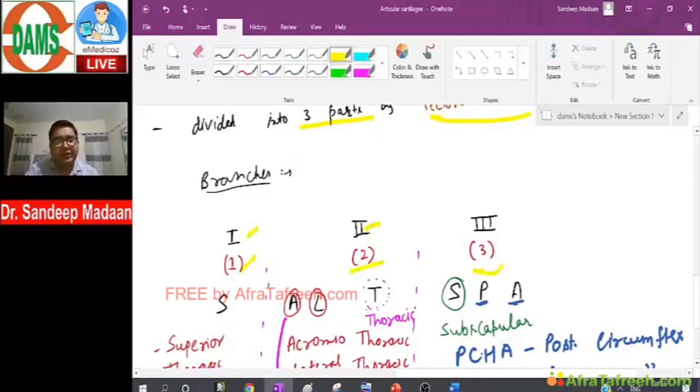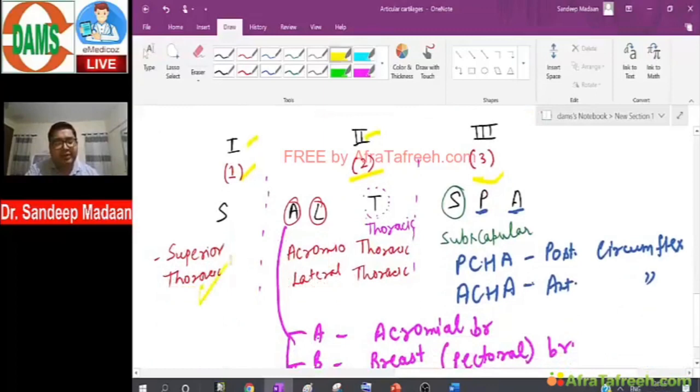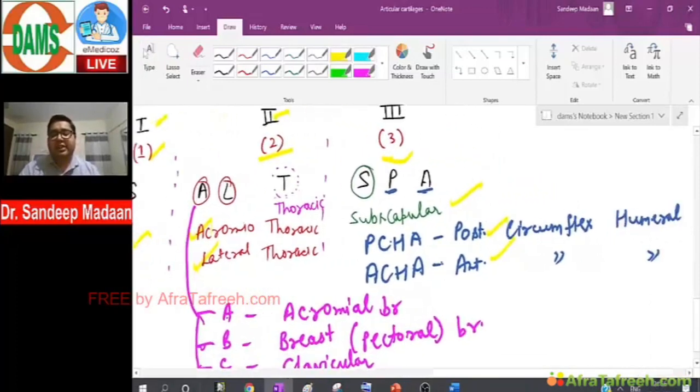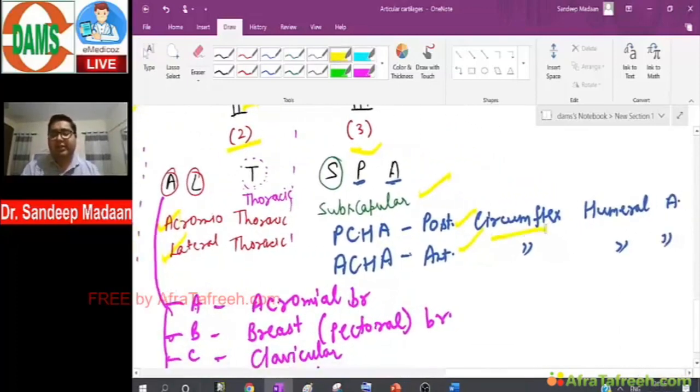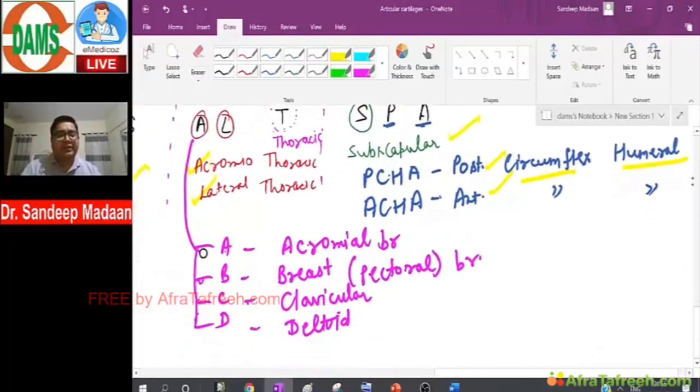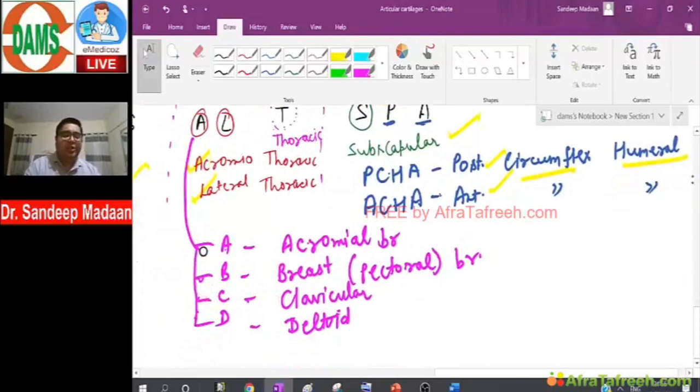The mnemonic is SOLT SPA. Superior thoracic from the first part, acromiothoracic and lateral thoracic from the second part, subscapular, Pacha and Acha from the third part. Pacha and Acha are the posterior and anterior circumflex humeral arteries. Then the acromiothoracic artery gives four branches: A, B, C, D is the mnemonic. Acromial branch, breast or pectoral branch, clavicular branch, and deltoid branch.